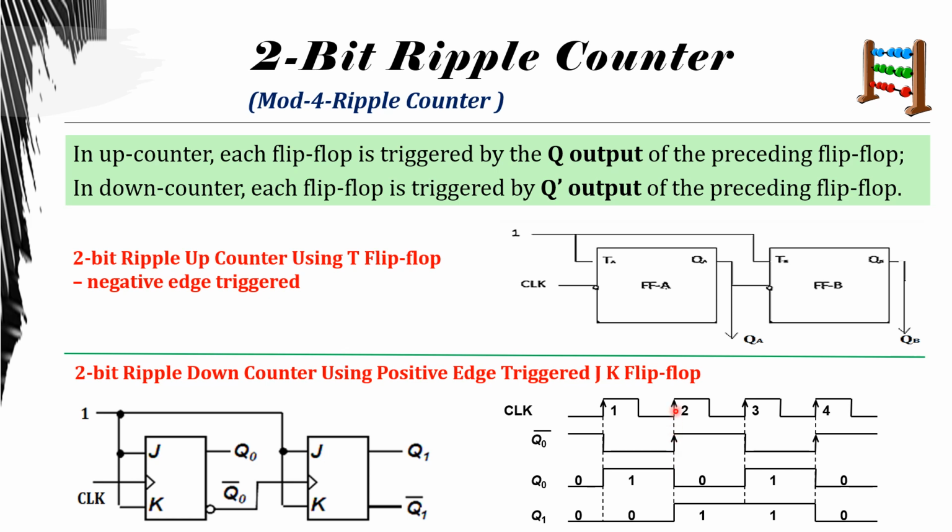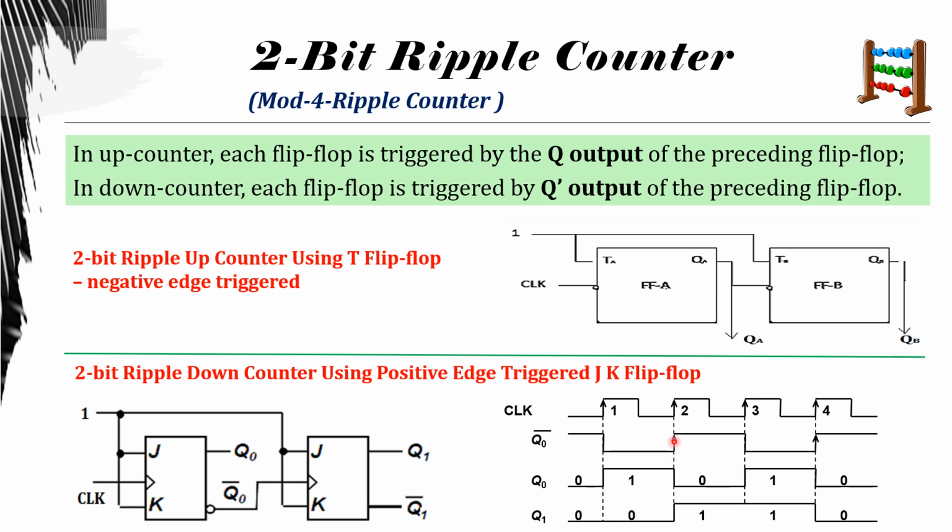Then during the next positive edge, it is toggled to the logic 0 state. Then during the next clock edge, it toggles to 1 state, 0 state. It goes on like that. Then the Q0 bar is just opposite to the Q0. We are taking the positive edge of this Q0 bar as the clock to the second flip-flop. So to generate this Q1, we are taking the positive edge of this Q0 bar.